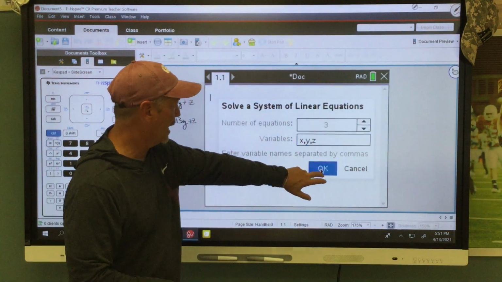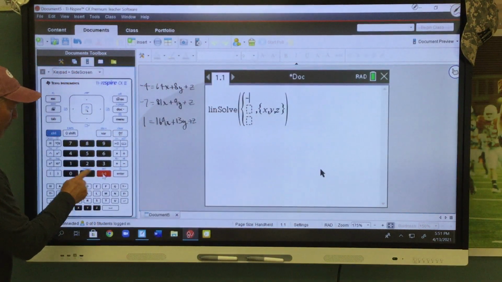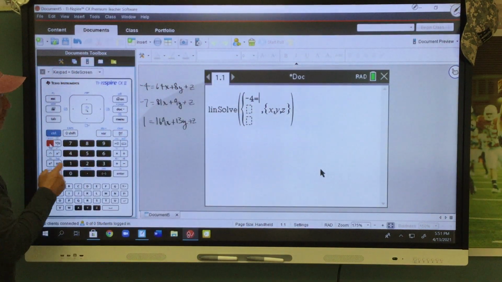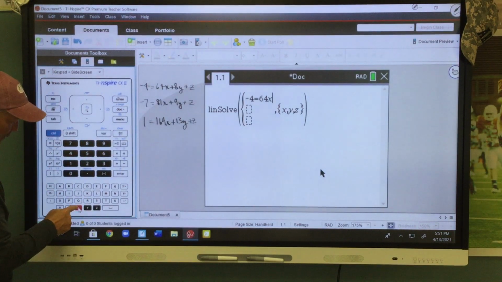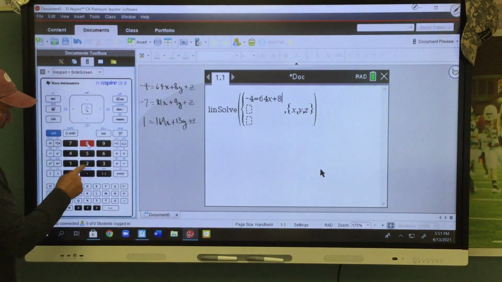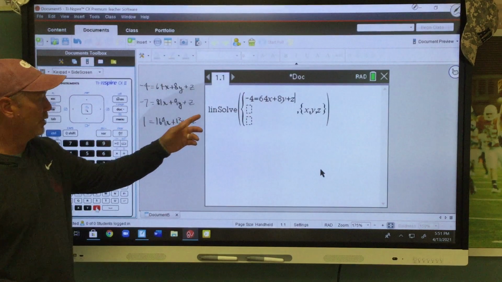We're going to input our 3 equations. We're going to say that -4 equals 64x plus 8y plus z. There's my first equation.